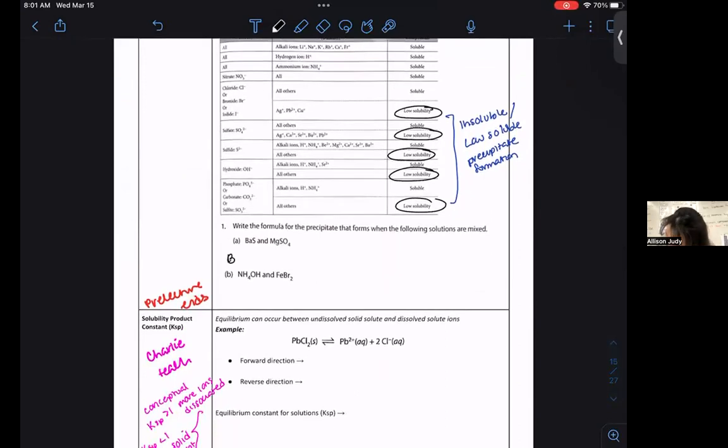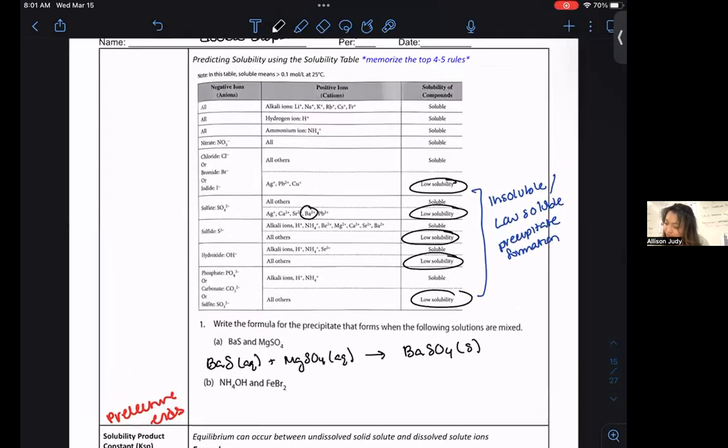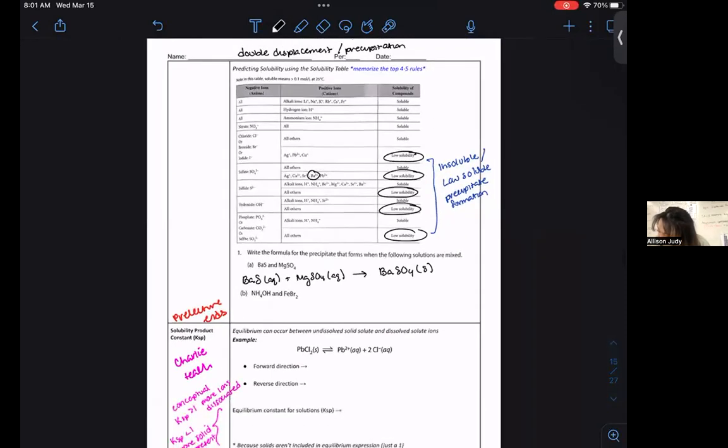And we get barium sulfide aqueous and magnesium sulfate aqueous, okay, produces barium sulfate solid, because with a sulfate, barium 2 plus is low solubility, i.e. precipitate forming, and no ions really, or very few ions, are dissociated.